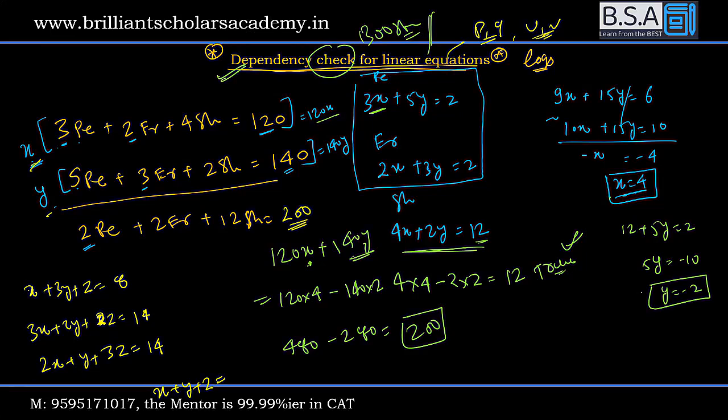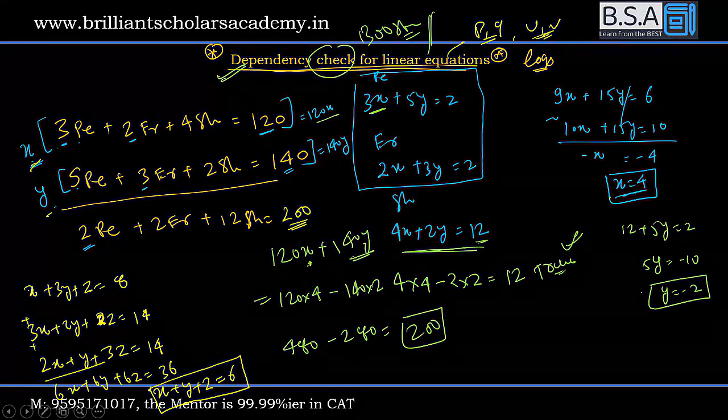Can I say just by adding these I have 6x plus 6y plus 6z is equal to 36? So cancel 6, that is your answer. So do you have to find x, y and z for this? No. Do you always need PQR?